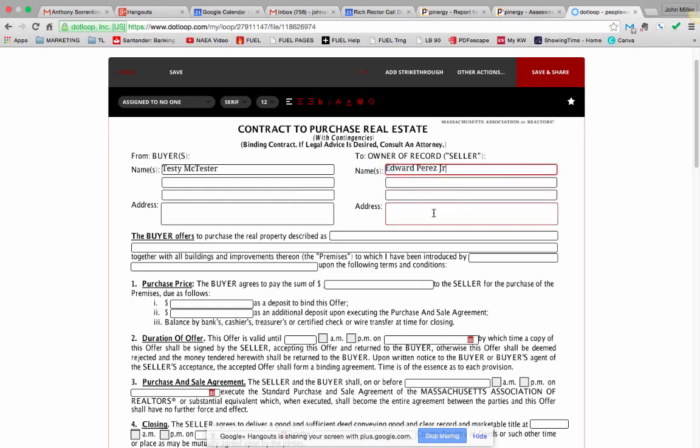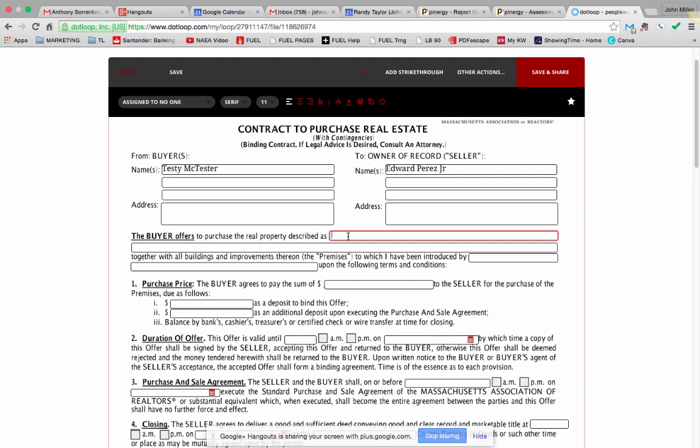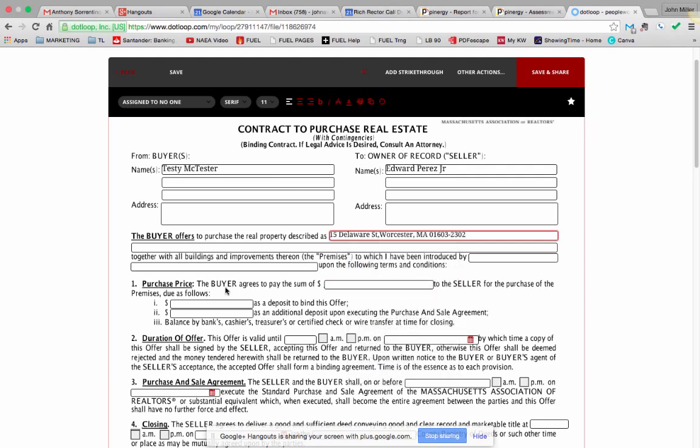Right. And so the buyer offers to purchase the real property described as, and quite simply, this is where you put the address. So you could go here and just copy and paste that here if you wanted to. Now let's say that's the address, together with the buildings and improvements thereon to which I have been introduced by.